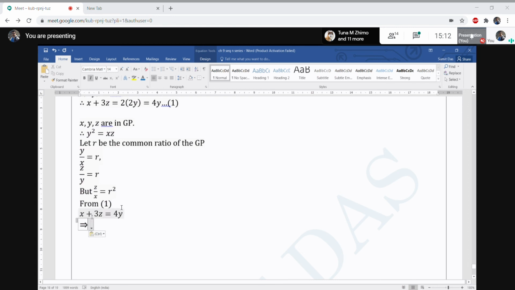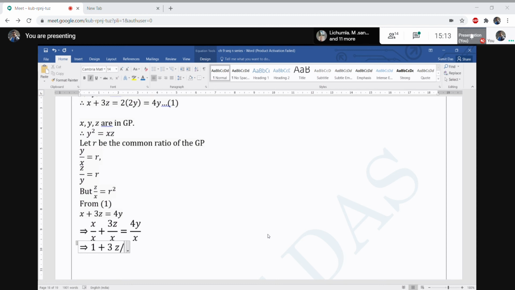Next line, I'm dividing both sides with x. So it will be x by x plus 3z by x equal to 4y by x. Then next line it will be 1 plus 3 into z by x.